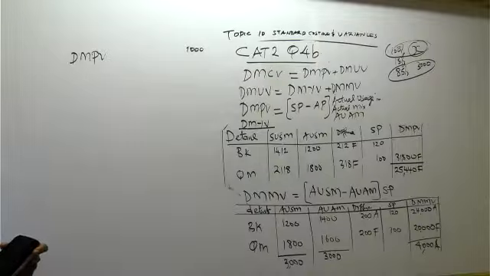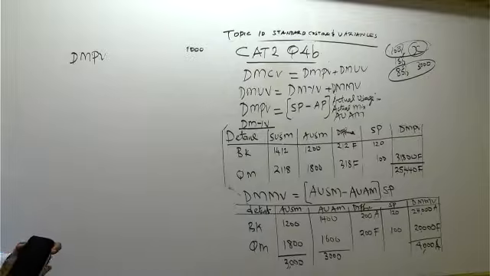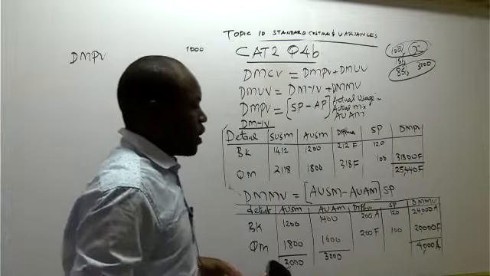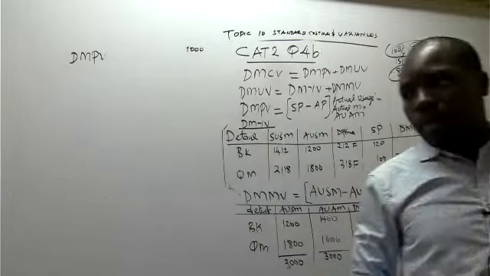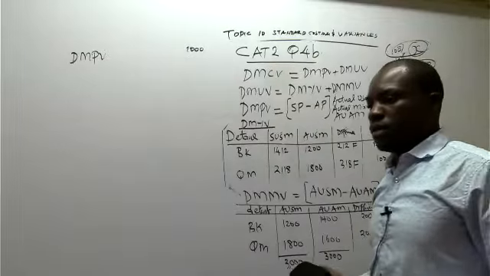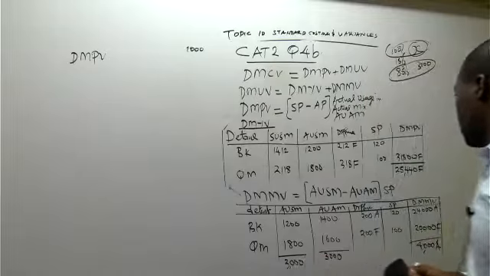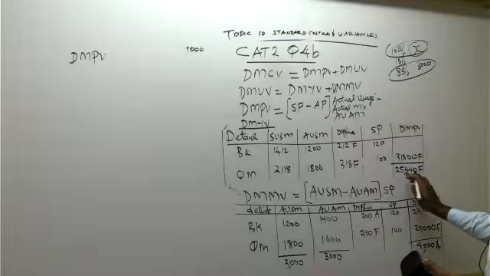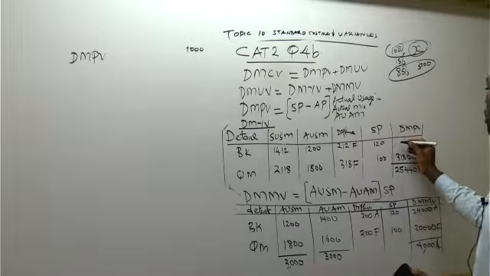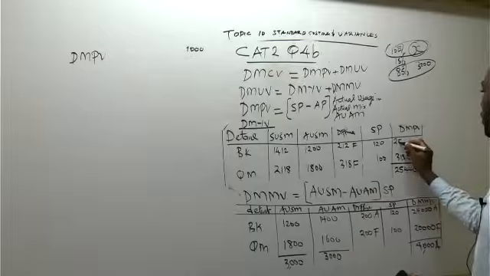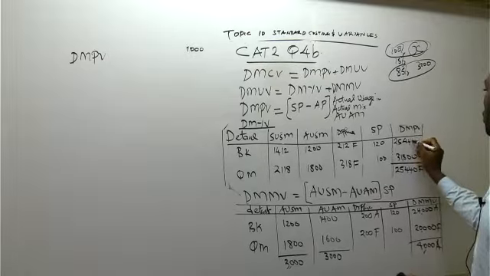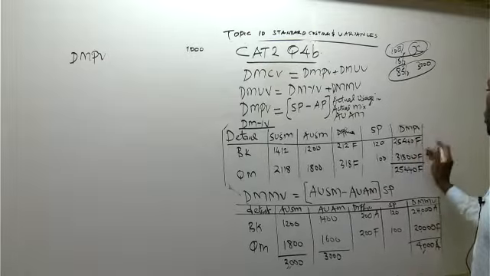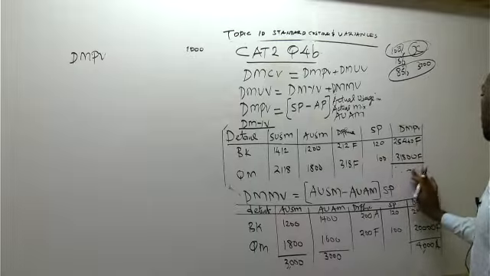Ilikuwa ngapi? Direct material price variance ilikuwa ngapi? Or in your 25 or 40 favorable.